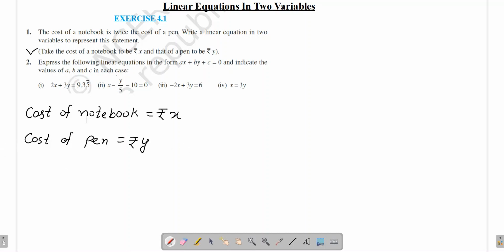You just have to think what to take as X and what to take as Y here. That is also mentioned. So now let us consider the condition given.